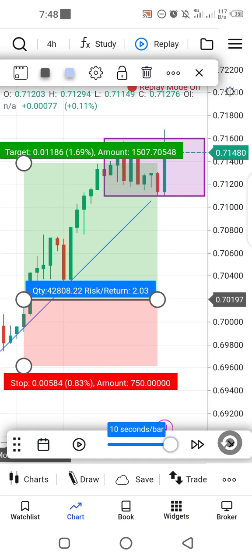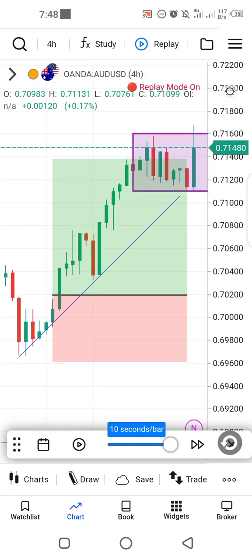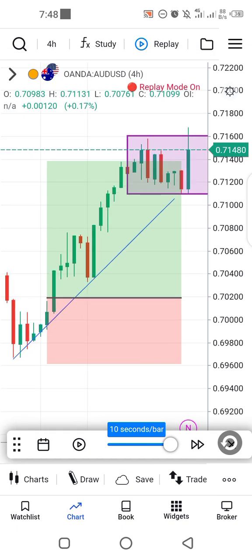So I think that will be the end of this simulation here. You can rewatch just to get the idea of the strategy, so that maybe starting from Monday we will all be doing our analysis together. Keep in mind that we will not only be trading AUD USD, but AUD USD is a good start.